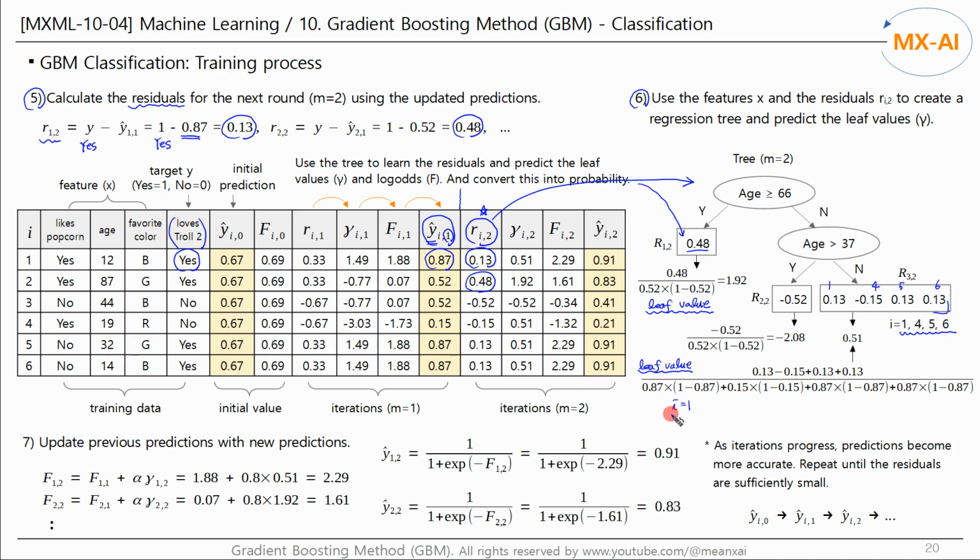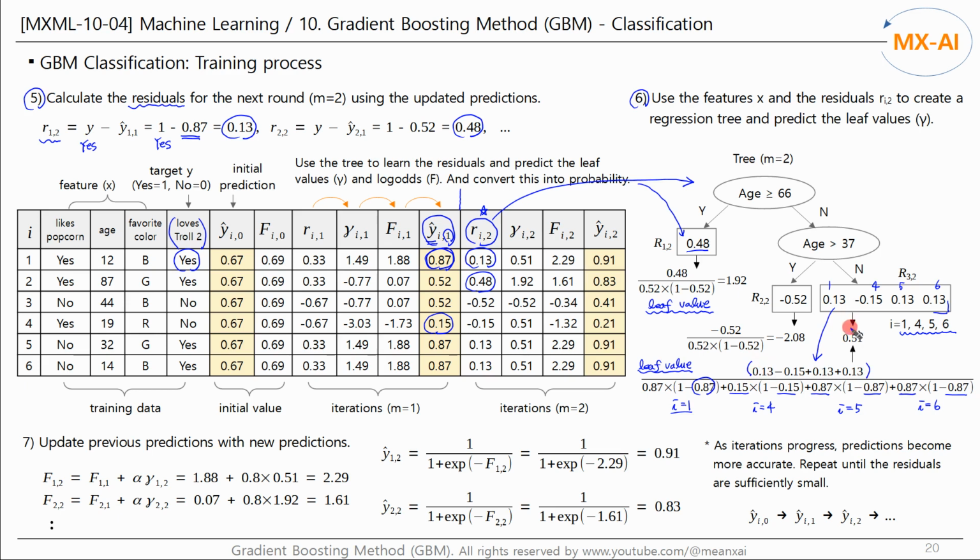The y-hat of the first data point is 0.87. And the y-hat of the fourth data point is 0.15. And the y-hat of the fifth and sixth are both 0.87. And the sum of the residuals of the third leaf node is like this.